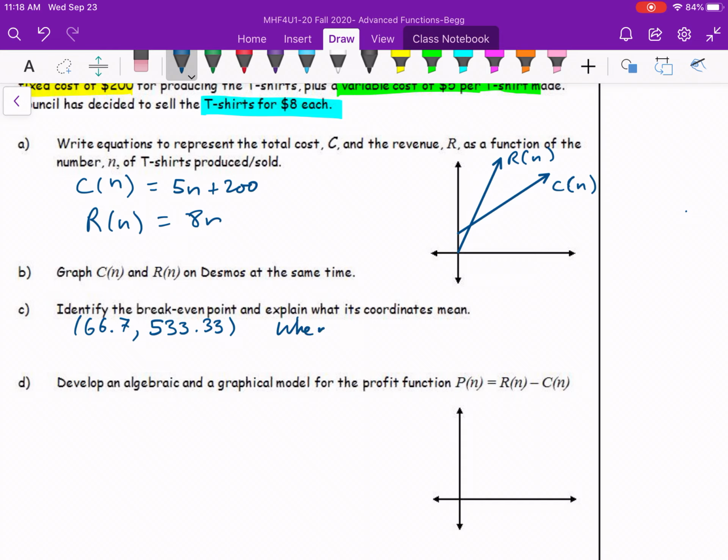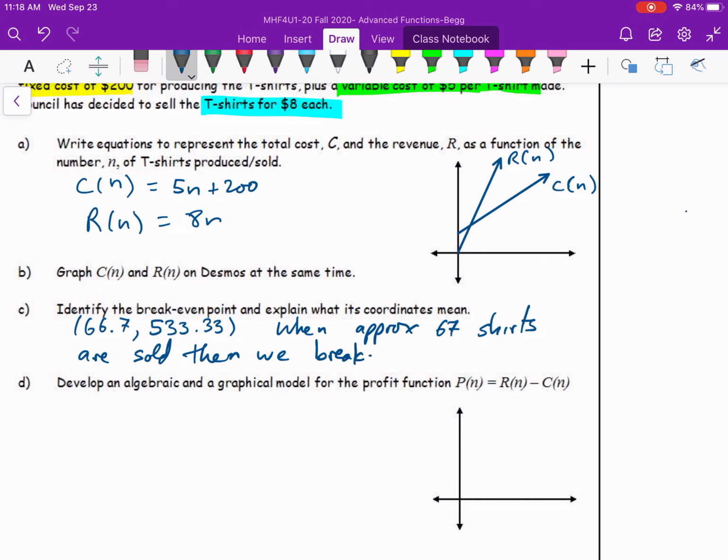So that tells us when approximately 67 shirts are sold, then we break even.